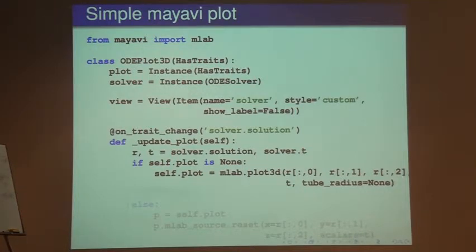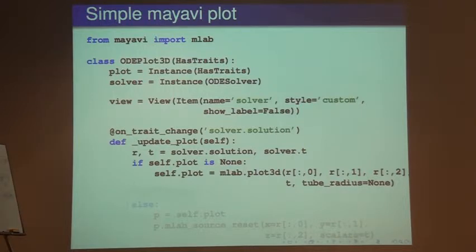So I basically, first time when I run this solver, there is no plot, right? So plot will be by default none. And the first time when I plot, I say mlab.plot3d, R0, R1, and R2. Is this clear? So the first time I'm running the same one line of code that we had when I wrote that initial piece of code.